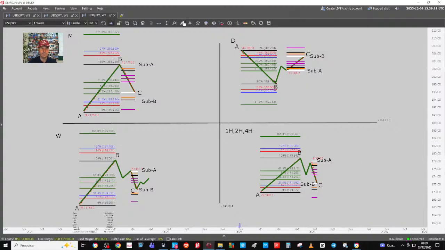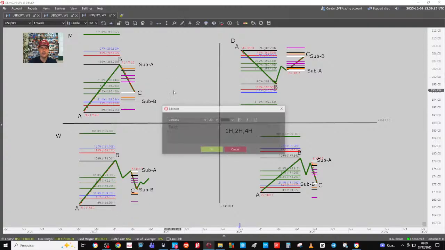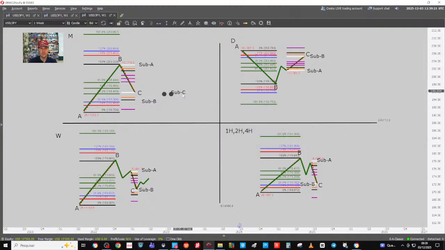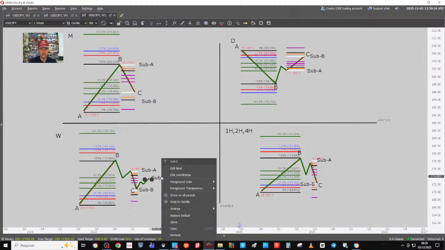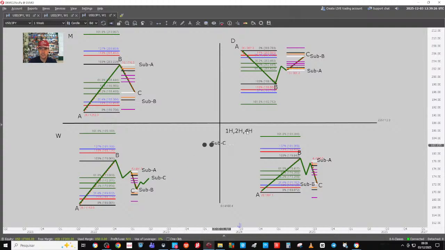And, well, the sub C, right? I mean, maybe not on the monthly, but we're going to have a sub C on the weekly, and then we're going to have the sub C, sub A, sub B, sub C somewhere in here, right? Daily chart, sub C, right?